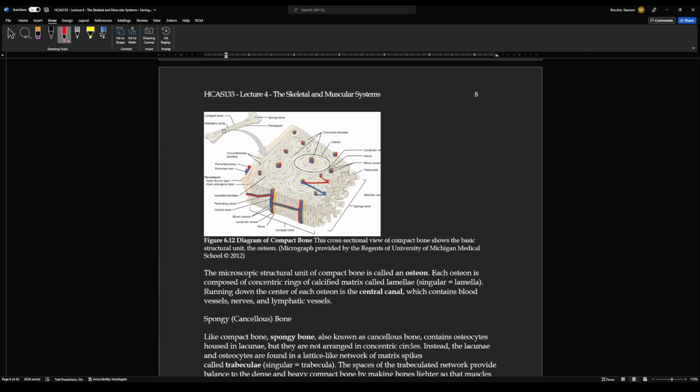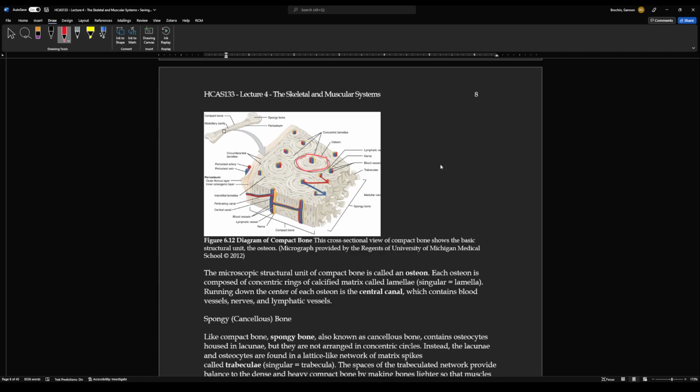As you see here, the osteon is surrounded by this ring. This is just various bone tissue components, primarily made up of matrix, and that matrix is called the lamella. And this is for compact bone, by the way.